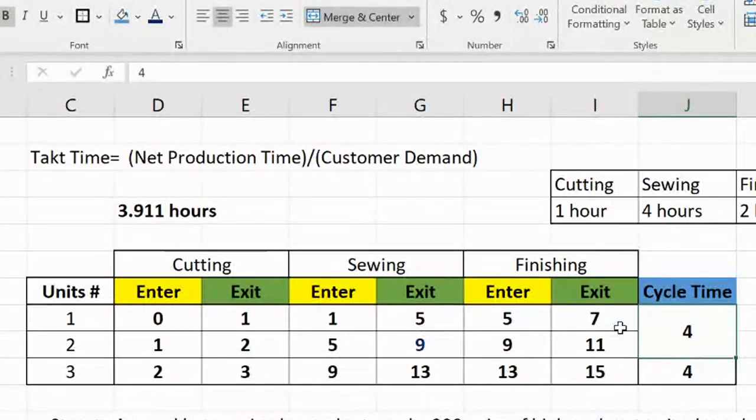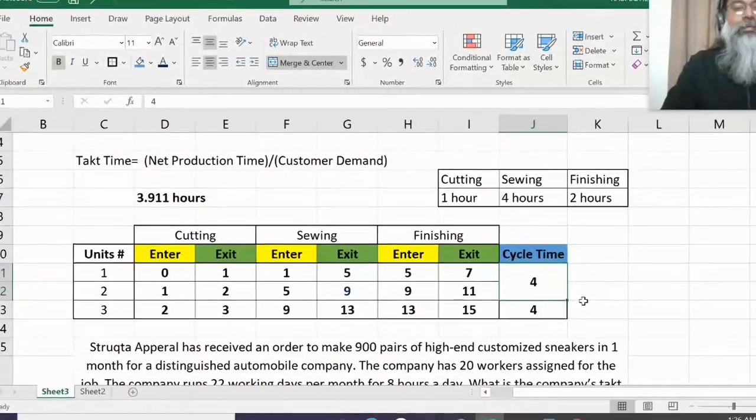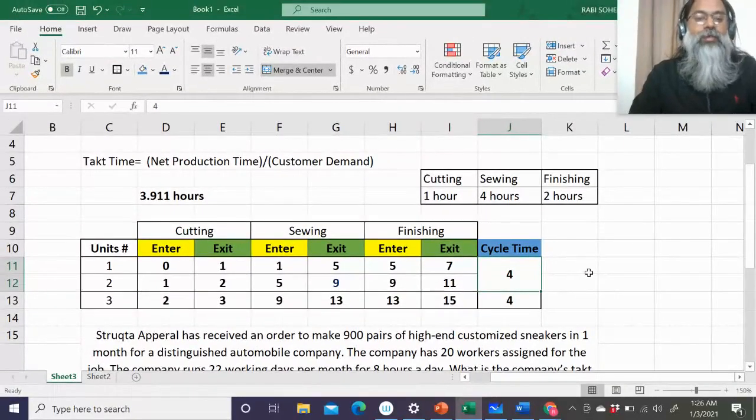And the good thing about this process of finding cycle time is you can actually identify where the bottlenecks are. Here in this process structure, you can see the sewing is a bottleneck in the process, and if they can actually reduce the time here somewhat, then of course they might be able to complete the order in time.